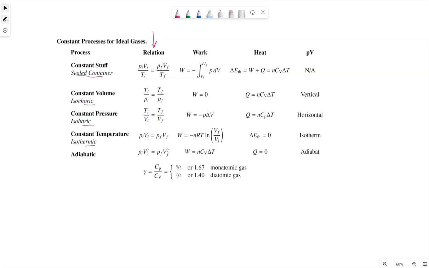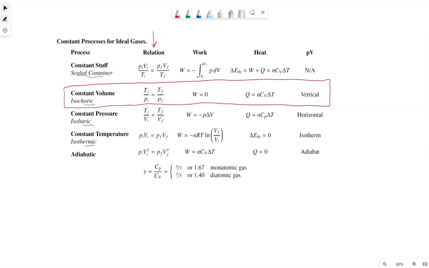The nice thing here is that every row, I'm just circling constant volume, has equations specific to this process. So our relationship, temperature over pressure at some initial moment in time needs to equal temperature over pressure at a later moment in time. As we just mentioned, work is 0 if the volume is not changing.